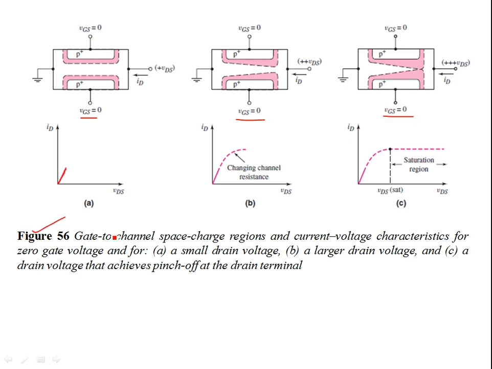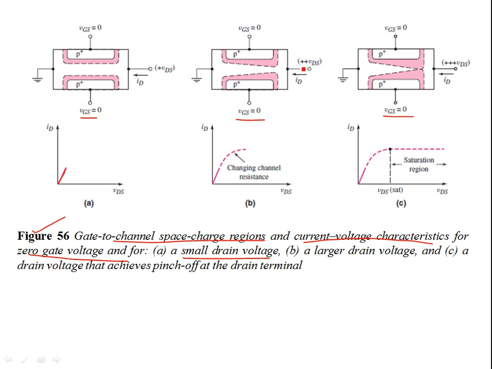The gate-to-channel space charge region and the current-voltage characteristics for 0 gate voltage are shown. In figure A, you have a small drain voltage. A small drain-to-source supply establishes the electric field, which will induce the flow of charges from source to drain, as shown here. What happens if you go on increasing VDS for VGS equal to 0?